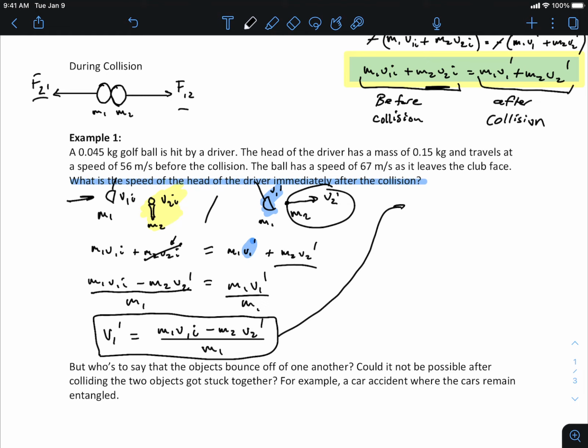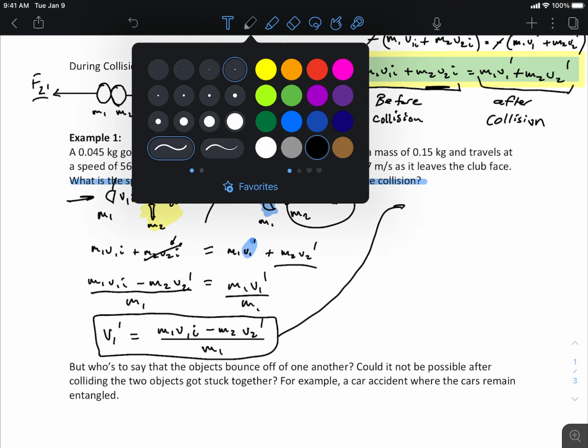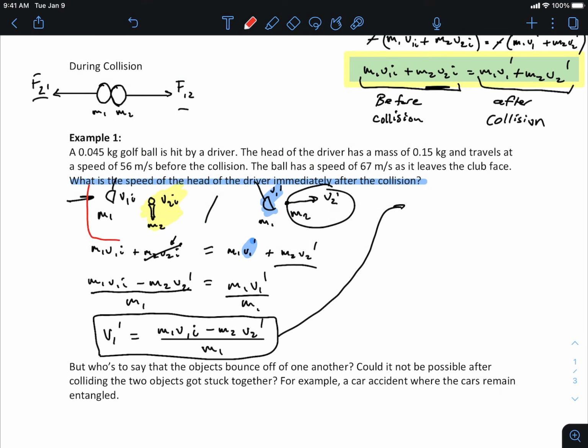And so if I were to bring that up here and start making substitutions, well, the mass of the golf ball, and again, I'm referring back to my picture because this picture keeps everything nice and organized. I'm always referencing back to this from the standpoint of I need to now know where to plug in what information, right?